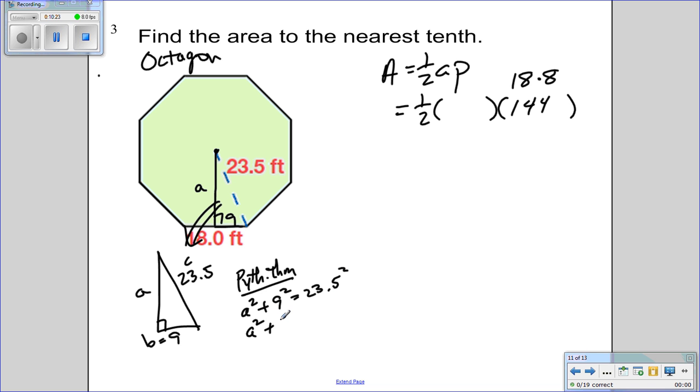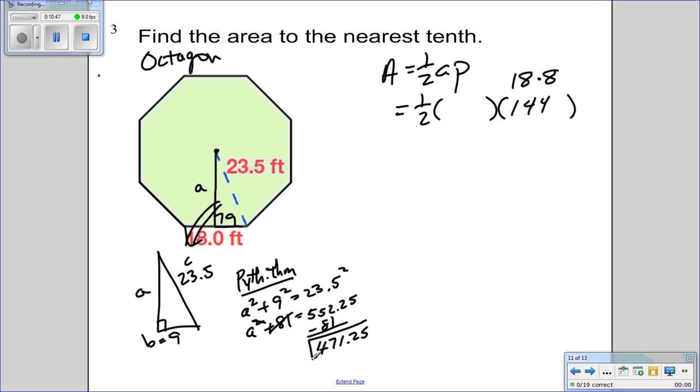I'm going to go ahead and calculate this out. This will be 81. 23.5 squared is 552.25. I'm going to subtract 81, and that gives me 471.25.